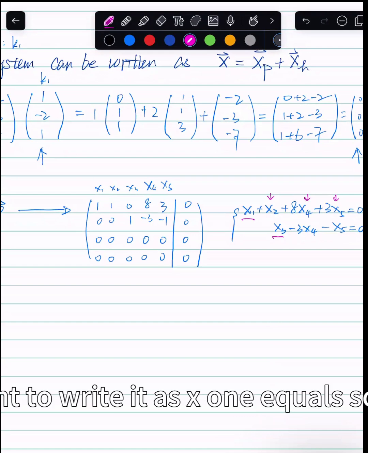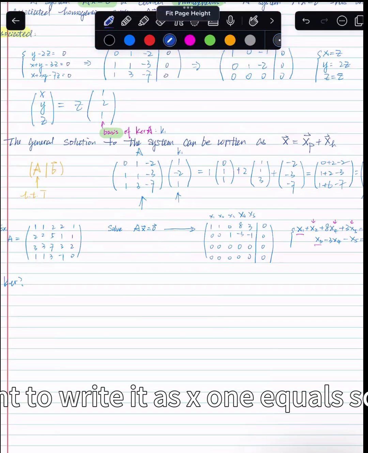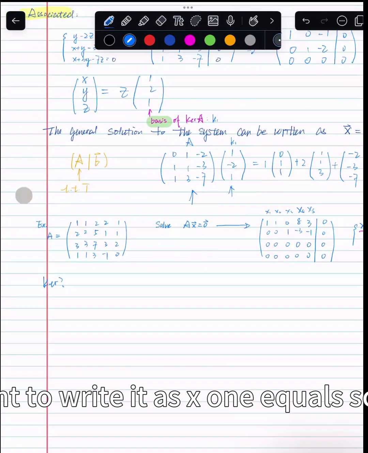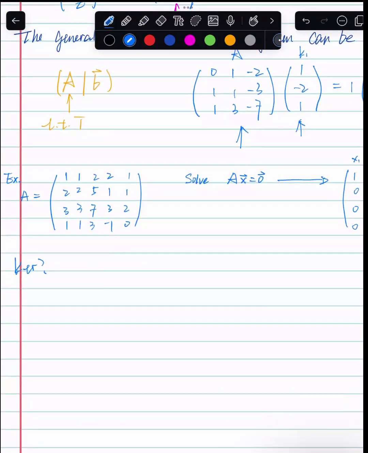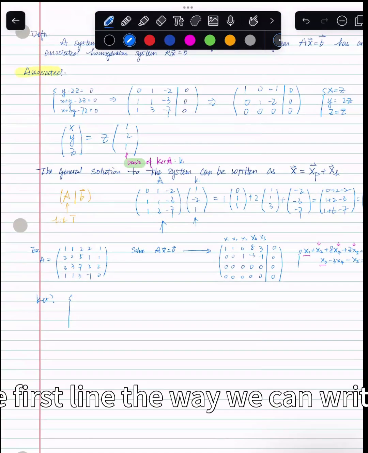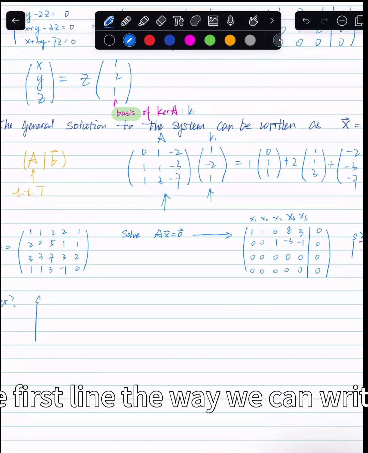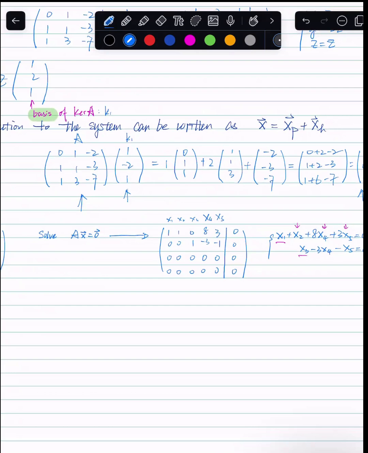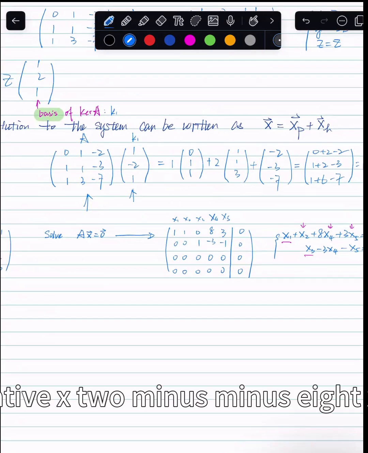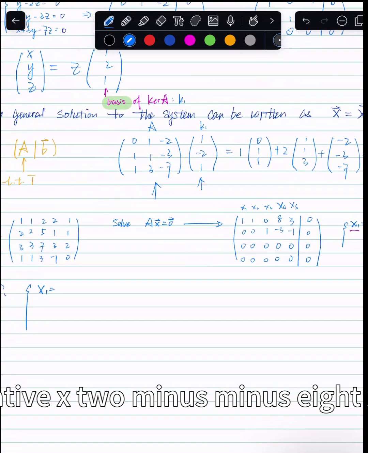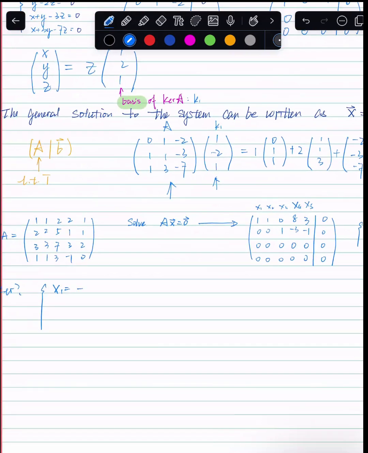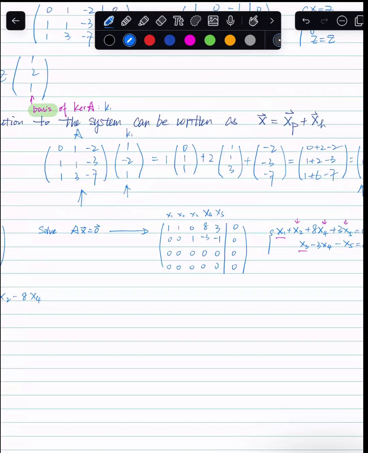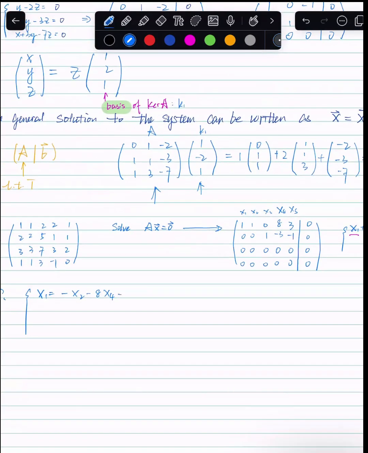So basically, if we want to write it as x1 equals something, from the first line, we can write x1 equals negative x2 minus 8x4 minus 3x5.